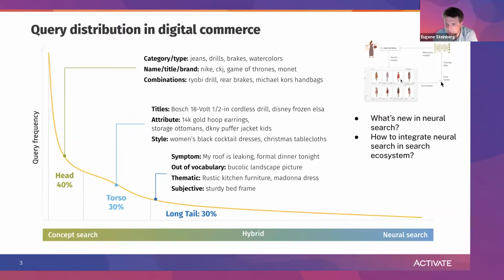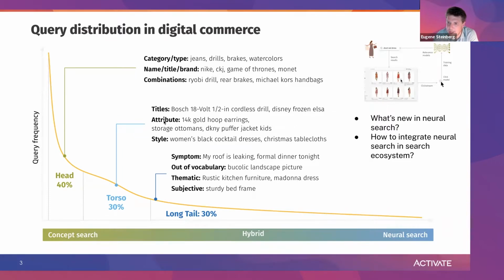However, as we go down the slope of the frequency, we go into the torso queries and long tail queries, which are typically much more complicated, and much harder to attack with knowledge graphs or traditional concept search techniques. This is where neural search, basically machine learning based search retrieval, becomes extremely popular and effective.